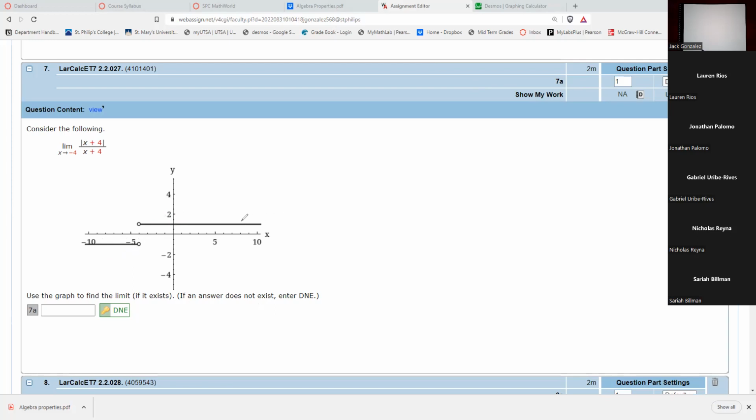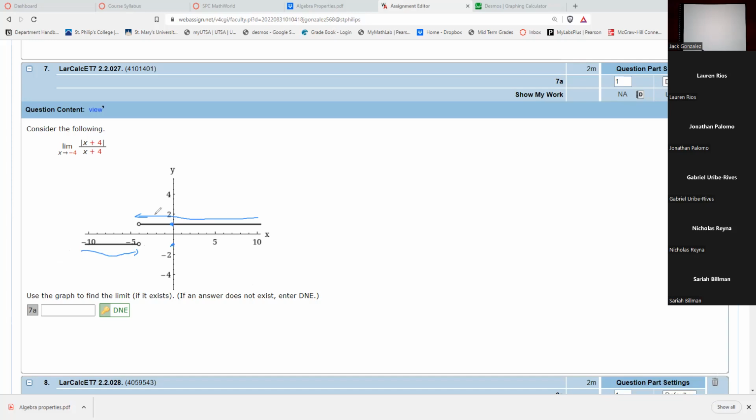I screwed that up. The limit from the right is 1, right? It's going through 1 right here. From the left, it's approaching -1.